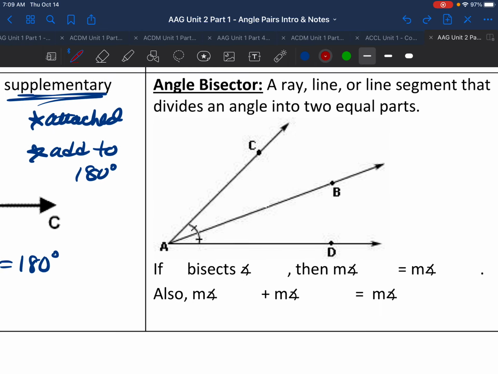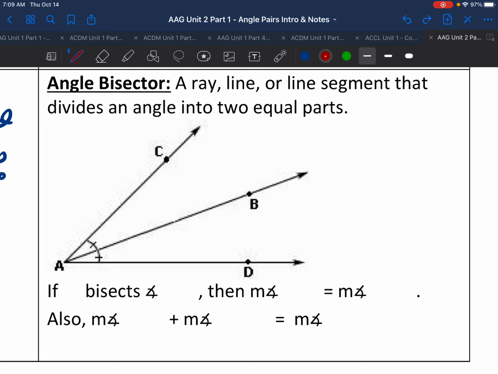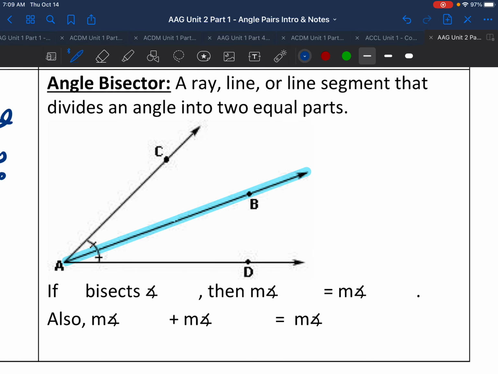All right, now, ready? Let's finish up and fill in our spaces below. Now I'm going to use a highlighter. I want you to do the same. Okay, I'm going to highlight ray AB. So what I'm going to say down here is if ray AB, which I highlighted in blue, bisects the whole angle, the whole angle is called angle CAD, right?